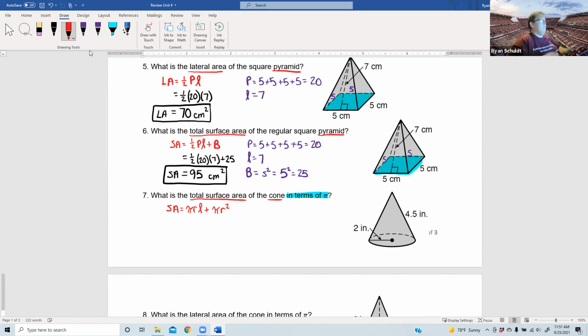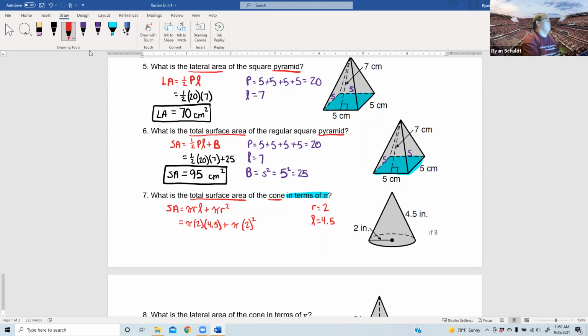So it looks like we need the radius and we need the slant height. Well, the radius is 2. The slant height is the side, which they tell me is 4.5. Pi times 2 times 4.5 plus pi times 2 squared.